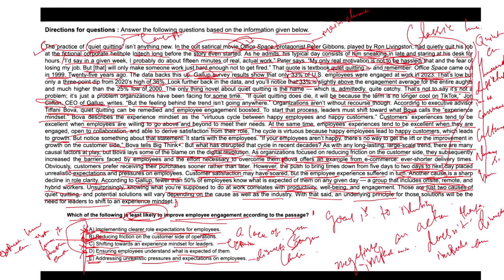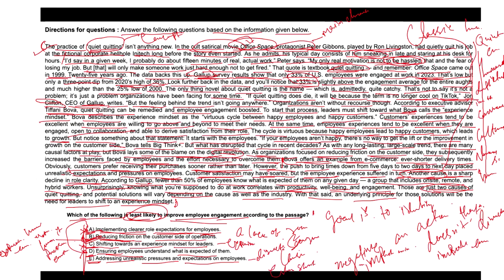Option E, addressing unrealistic pressures and expectations on employees. The passage discusses how unrealistic expectations, ever shorter delivery times, can negatively impact employees.